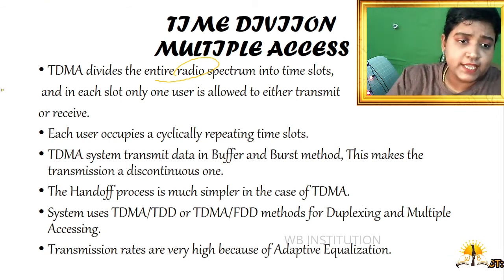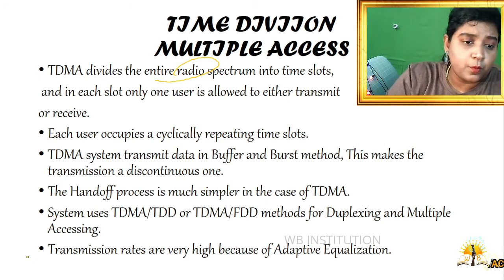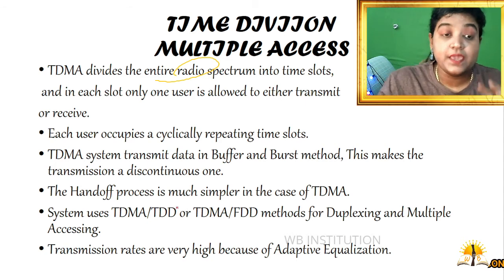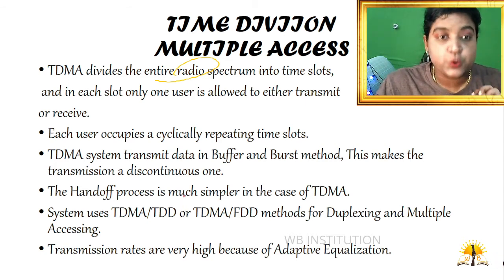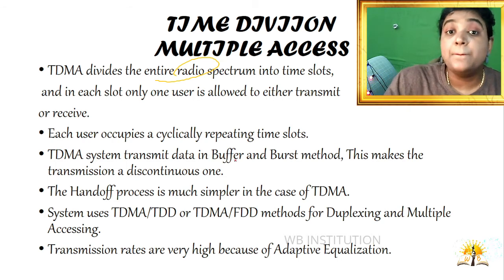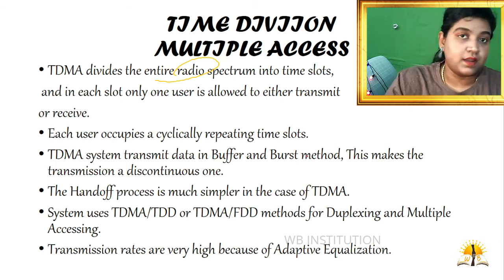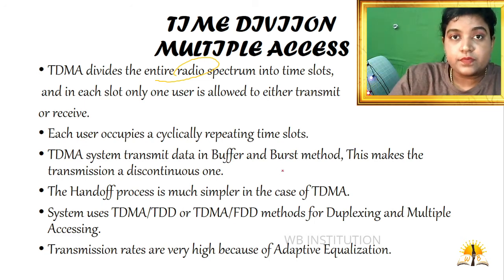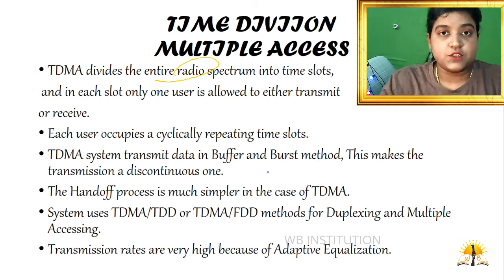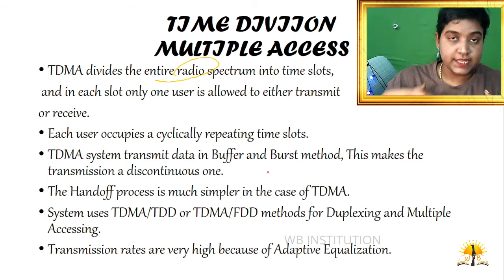Okay, now the next point. Let me change the color. Yeah, the next point is that time division multiple access transmits data in a buffer and burst method. Okay, let me explain this very clearly. See, for a particular time slot, for example, again I'll go back to the example.